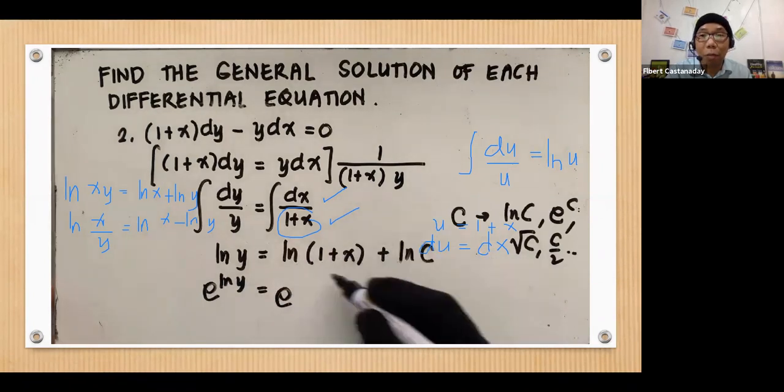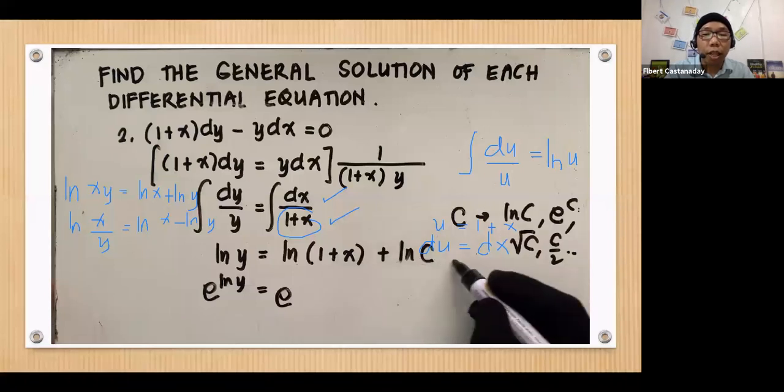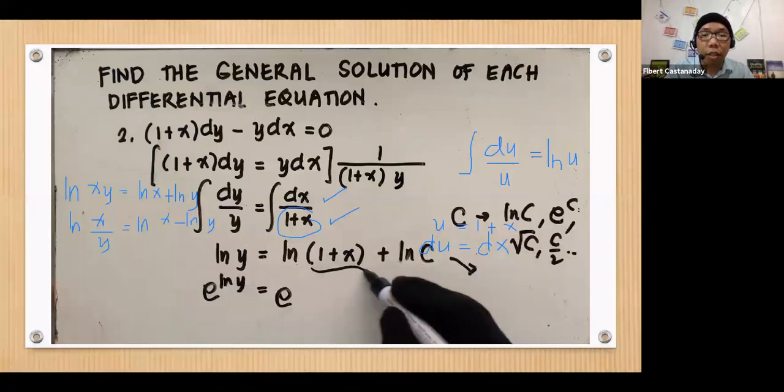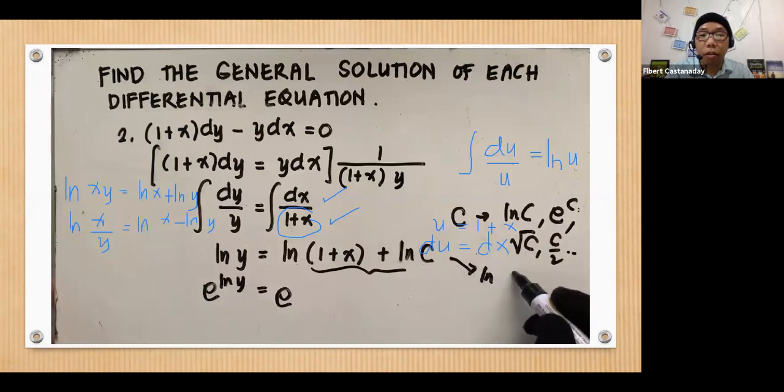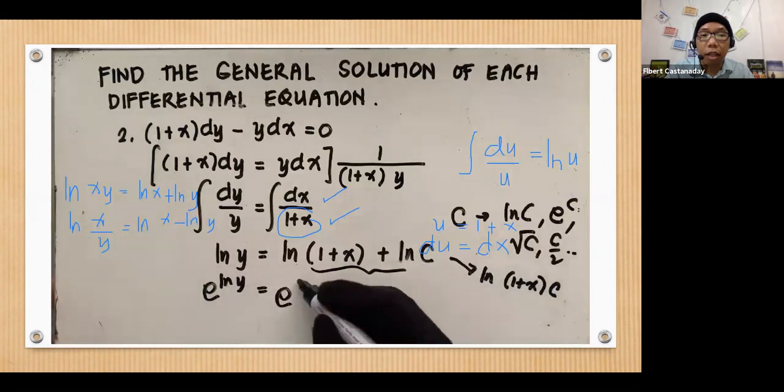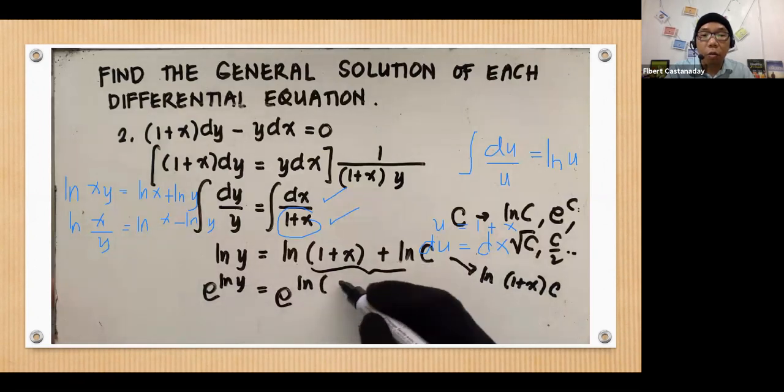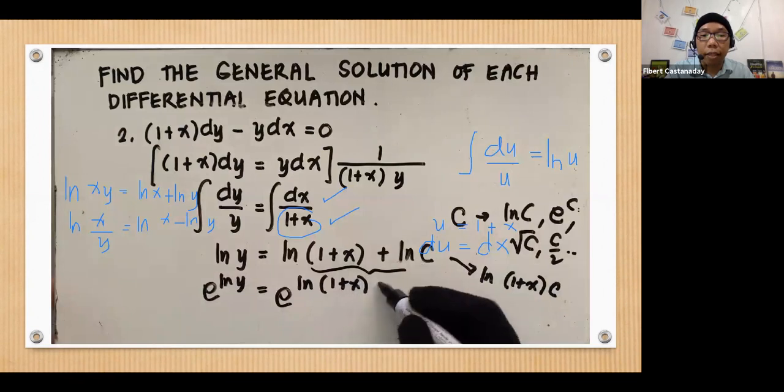Yung inverse ni logarithmic function is exponential function. Do you remember that? So we're doing anti-natural logarithm. Yung nasa right-hand side natin, we can put into one term na lang, ln of 1 plus x times c. So here, I can write ln of 1 plus x times c.